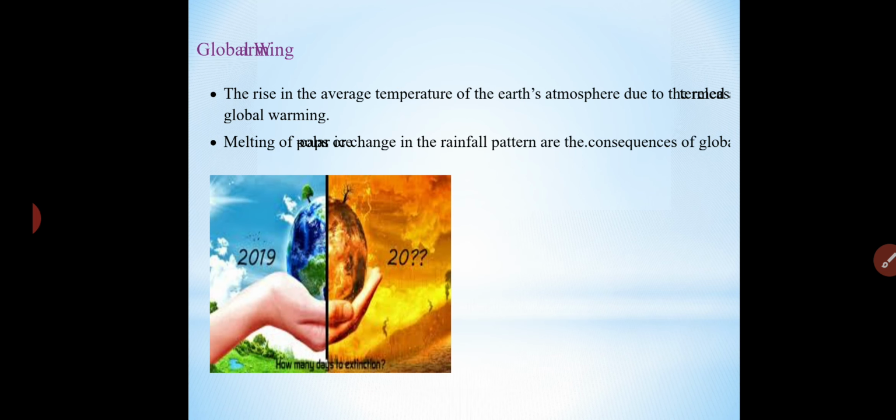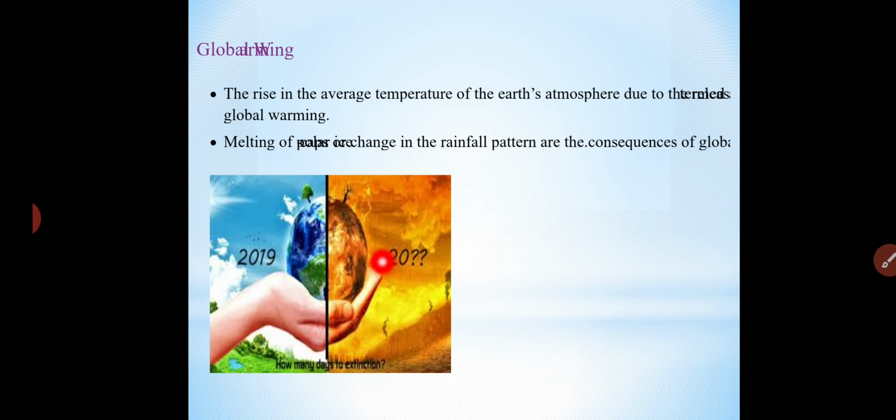Now, let us see about global warming. What is global warming? With the reducing amount of plants and the increasing number of factories, atmospheric chemicals and pollution, global warming is increasing.